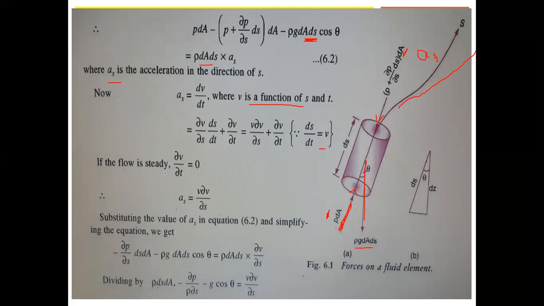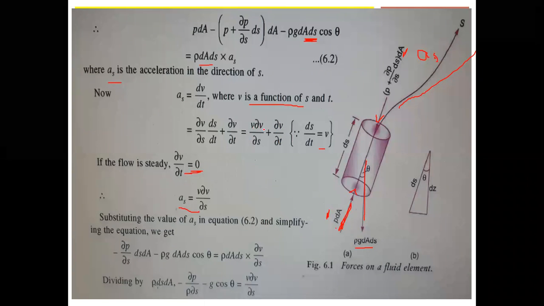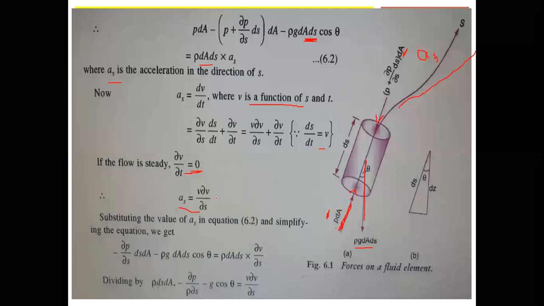If the flow is steady, dou v by dou t is equal to 0. Therefore a_s is equal to v into dou v by dou s, which is what we wrote here.